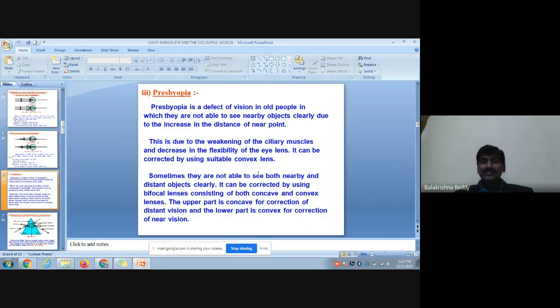That line divides one concave lens and the other convex lens. When you need to see a longer distance, the upper part has the concave lens. And when you want to read anything, to overcome hypermetropia, we have the convex lens down.